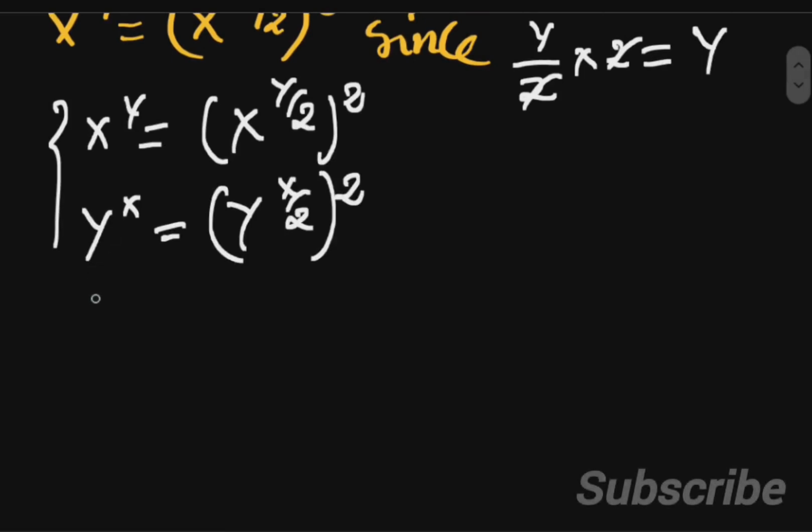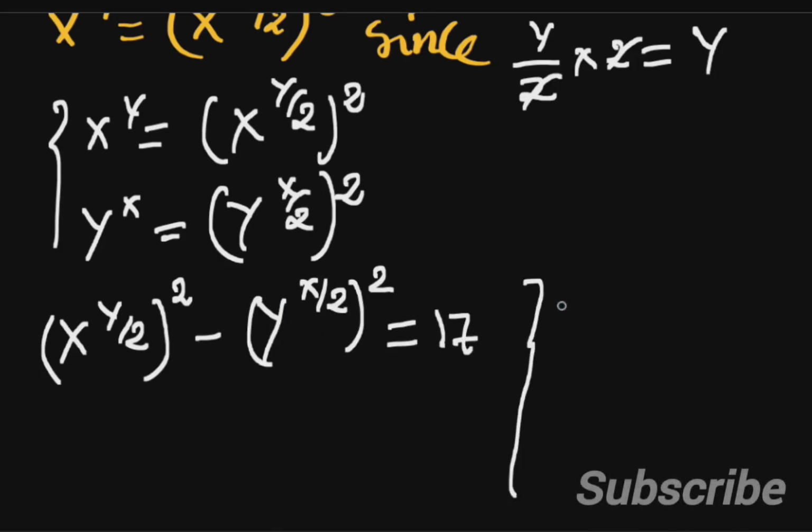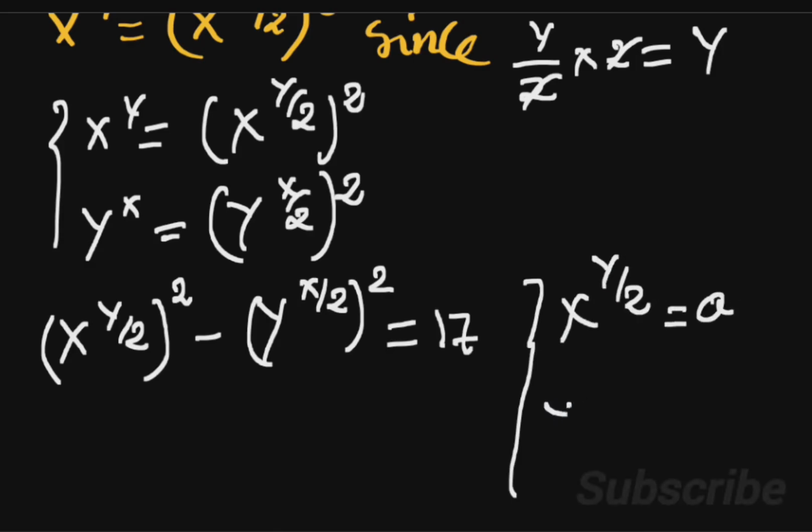Now I'm going to take this and replace it up here inside the equation. That is, our new equation is x to the power y over 2 squared minus y to the power x over 2 squared is equal to 17. Now we consider x to the power y over 2 as a and y to the power x over 2 as b.